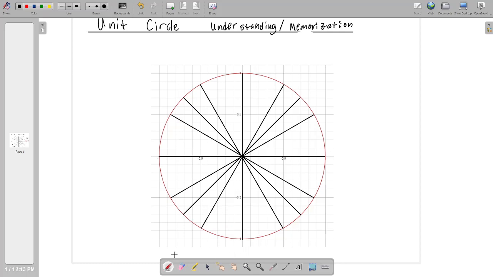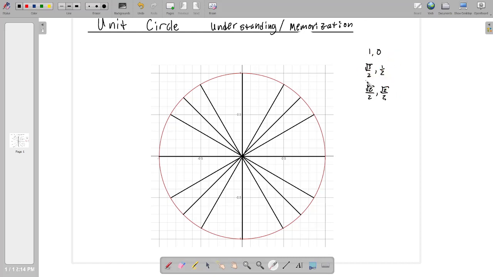But there are only 5 values that are parts of the coordinates of each point on this unit circle. We have 1 and 0, which are paired together. We have root 3 over 2 and 1/2, which are also paired together, and then root 2 over 2, which is paired with itself.